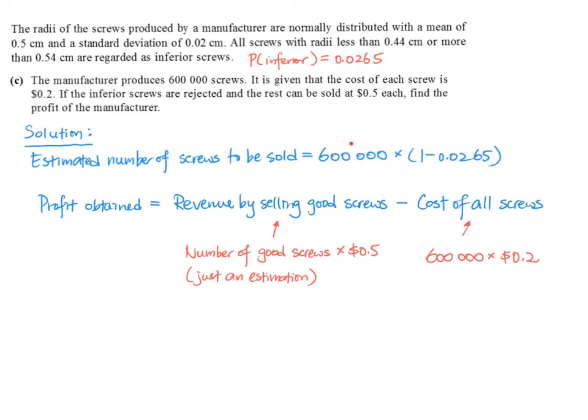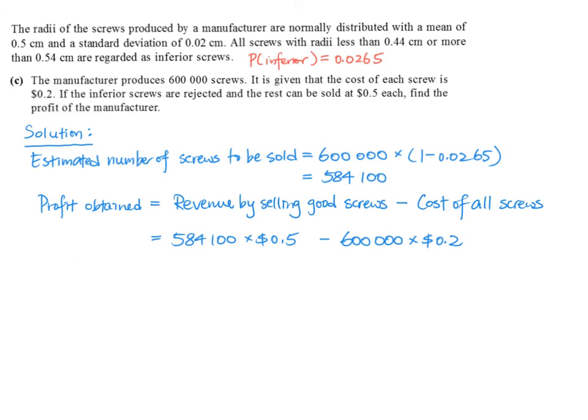So we take the total number times 1 minus the bad ones, which is this number here. And so finally, all these numbers are in place. I take this times the selling price minus the total number times the cost, which gives this for the answer.